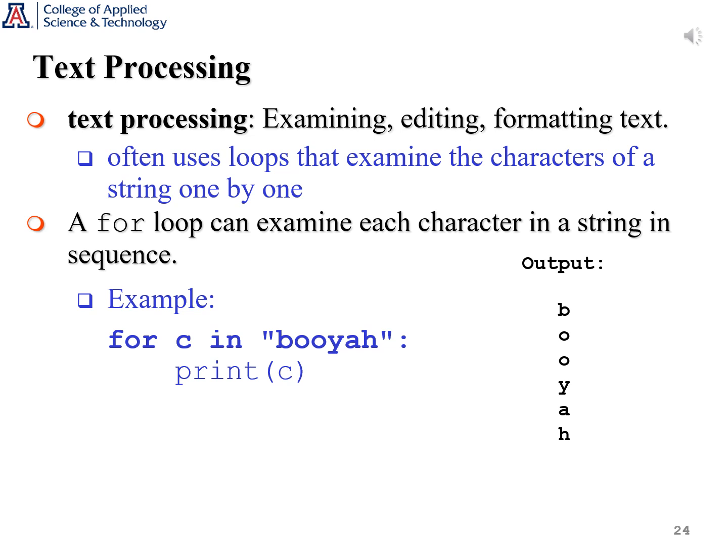For example, the for loop on this slide is used to examine each character in the string literal, and during each iteration a character is assigned to the loop variable c, and the loop body, which is composed of only this single statement, is able to print the character held by the loop variable, and eventually the output is like this.